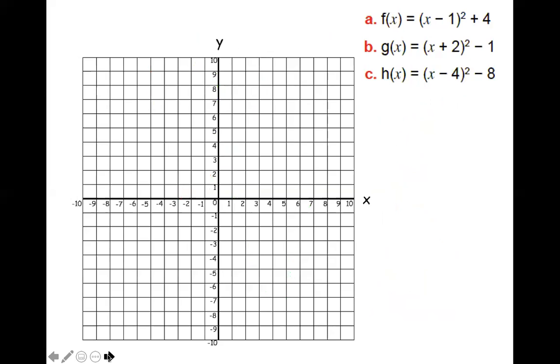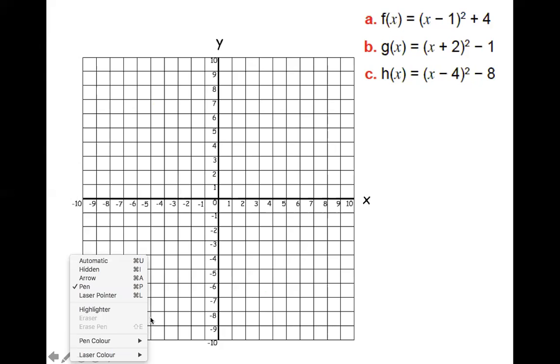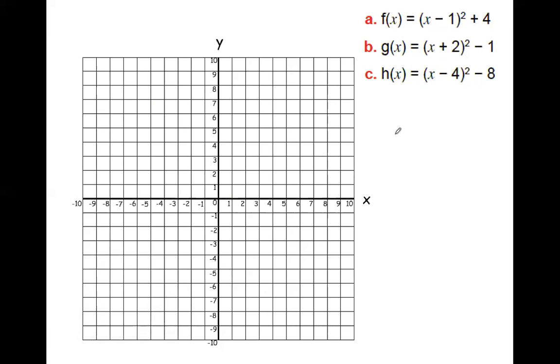So again, here, very similar things. We look for intercept. I'm just going to do one of them, and that means you can do the other. So we're going to use black this time. So for A, y-intercept, x equals 0. y equals 1 plus 4 is 5. (0, 5). 0 for x, 5 in y.